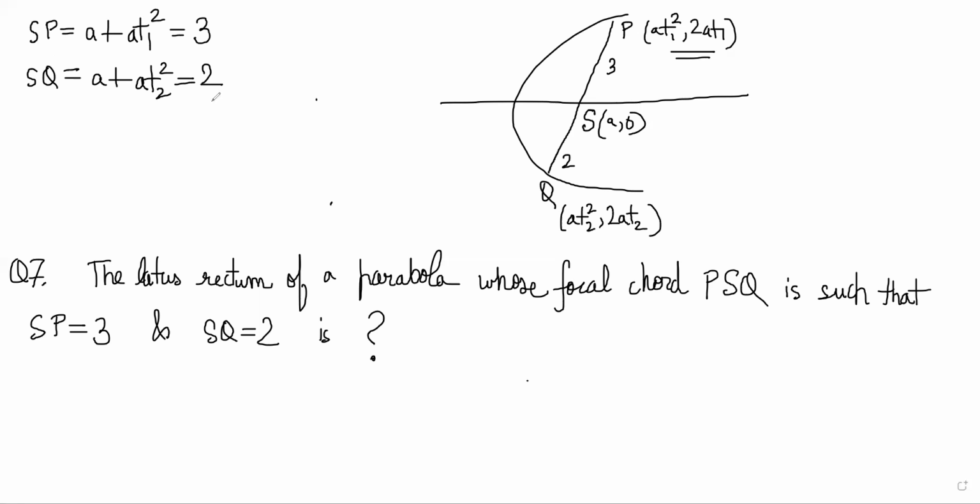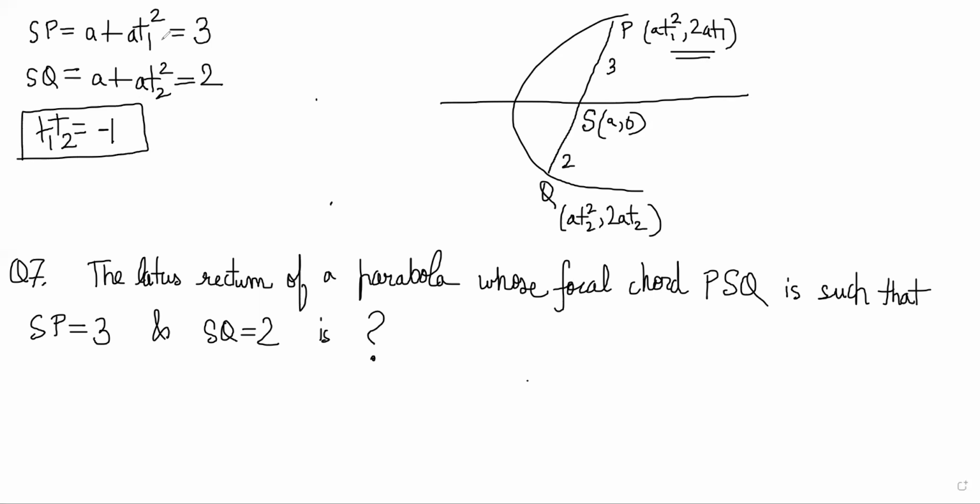Correct? And we also have that T1, T2 should be -1, right? Because it is a focal chord. So we have enough equations. We have to find the value of A from here, right?